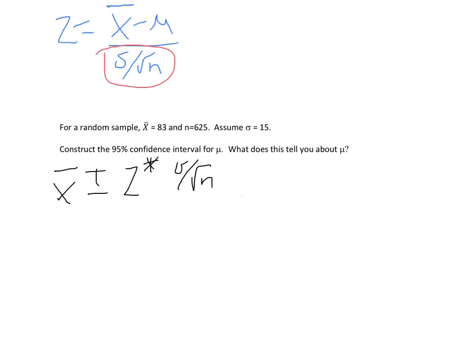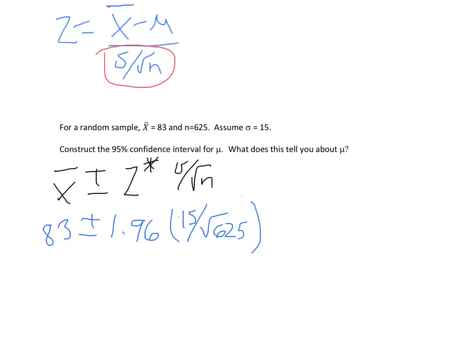So our number was 83 plus or minus 1.96 times 15 over square root of 625.